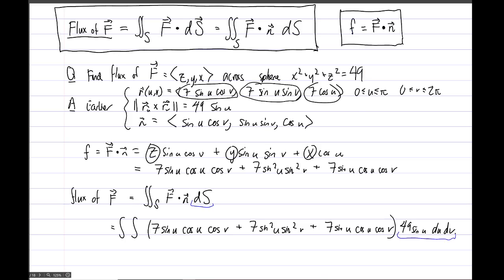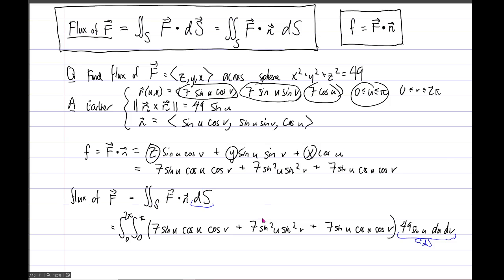This is the dS part. Let's also put bounds on the integral, since the du is the inner integral. It goes from 0 to pi, and then the outer integral is v from 0 to 2 pi.